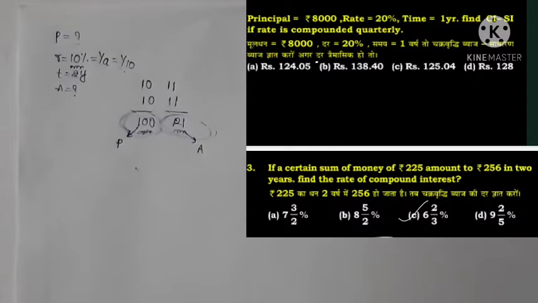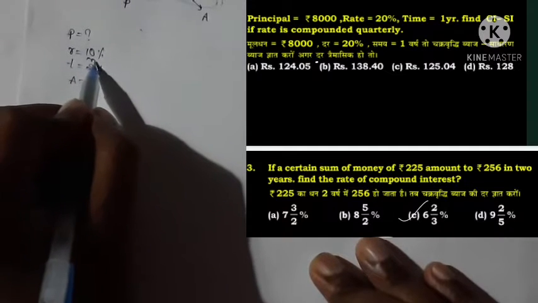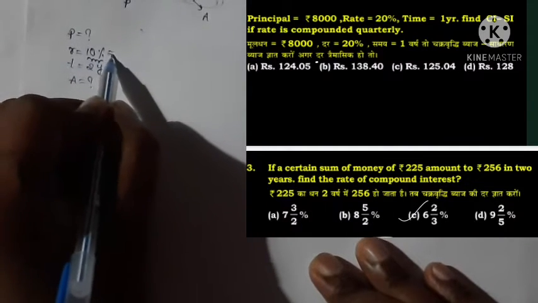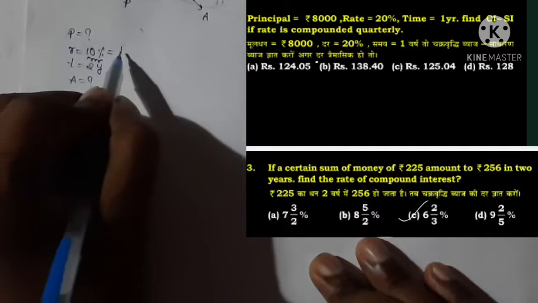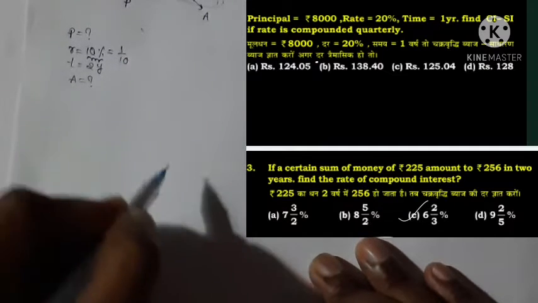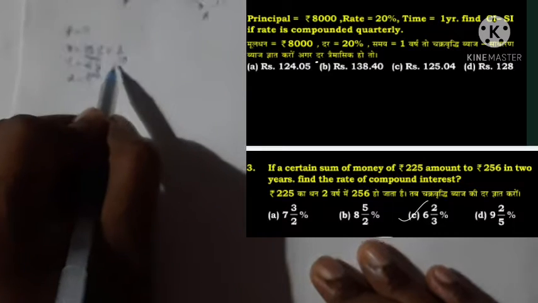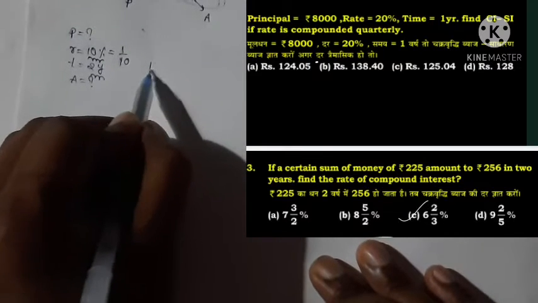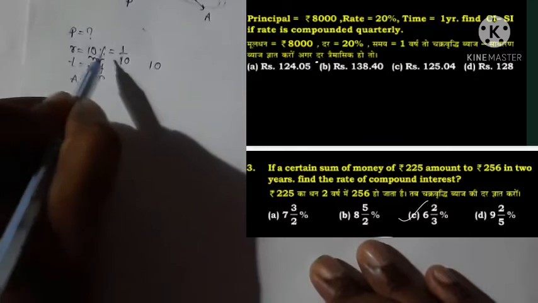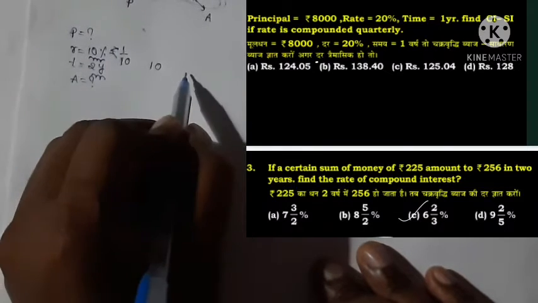If a certain sum of money of rupees 225 amounts to rupees 256 in 2 years, find the rate of compound interest. So the rate of interest is equal to 10%, which can be written as 1 by 10. Time is 2 years. For the first year the principal is 10, the amount is increased by 1, so the value is 11.